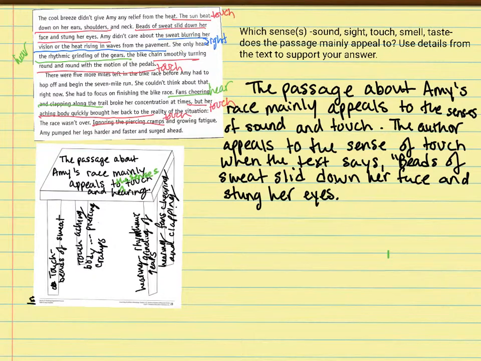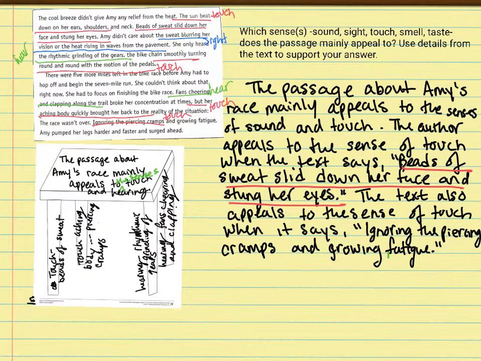Okay, so I can really see the author's appeal to the sense of touch when the text says that beads of sweat slid down her face and stung her eyes. That part shows it to me, so I just quoted it. The author appeals to the sense of touch when the text says this. Okay, when else does it appeal to the sense of touch?